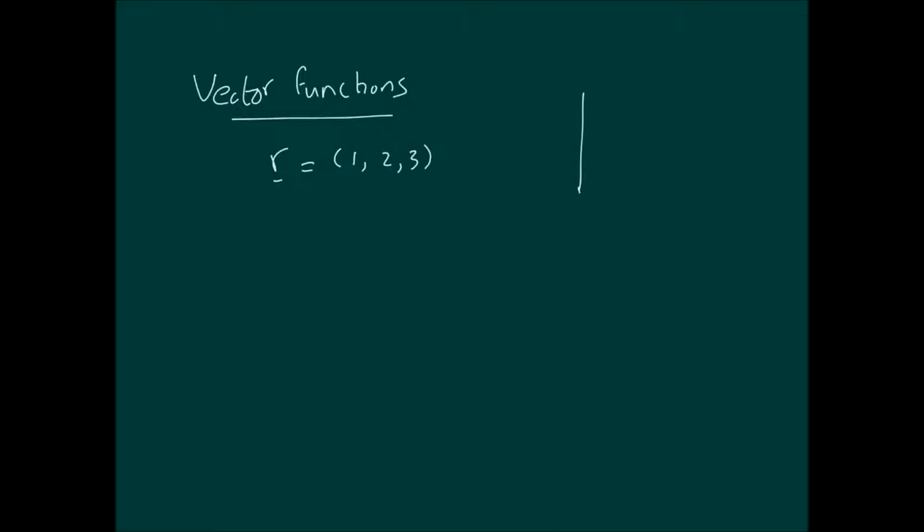If you were to draw it in 3 space, with these coordinates, obviously it would be 1 here, 2 here, and 3 here, somewhere up here. So it would be this vector. Now it's one position, it's a position vector, and of course it's a constant vector.